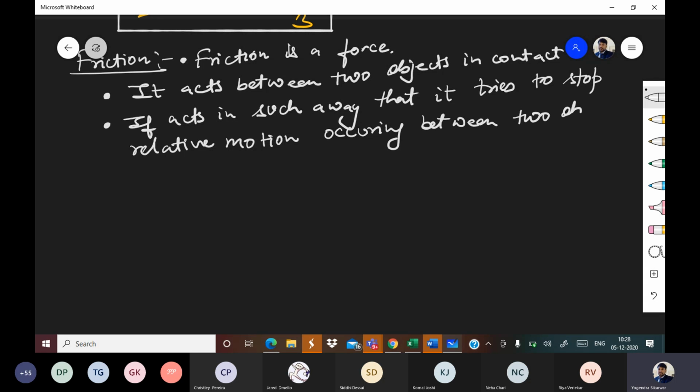Okay, it tries to stop relative motion occurring between two objects. All right.